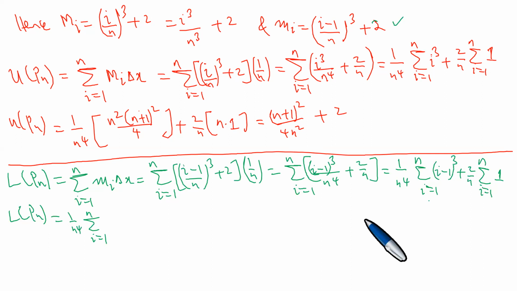So you cube this one: you have i cubed minus 3i squared. Okay, have this.